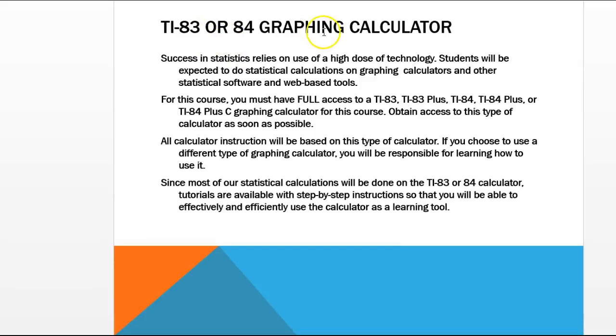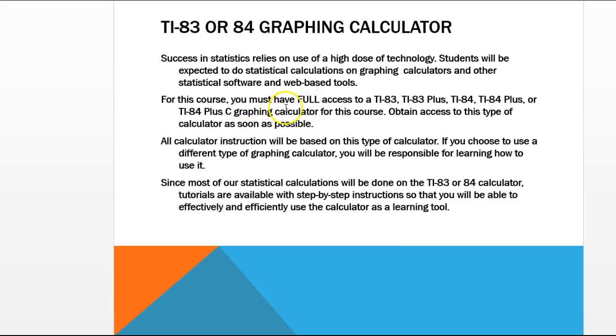Now, I talked about the calculator before. Success in statistics relies on the use of a high dose of technology, and you'll be expected to do a lot of statistical calculations. And so it's great to have the TI-83 or 84 type of calculator. It has lists, options, it has all the formulas built into it that you need to work with.